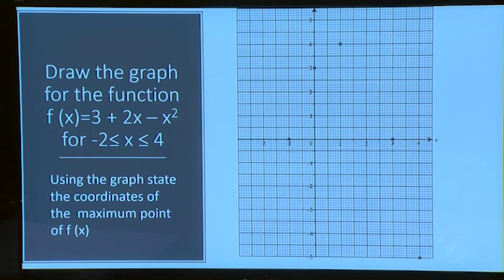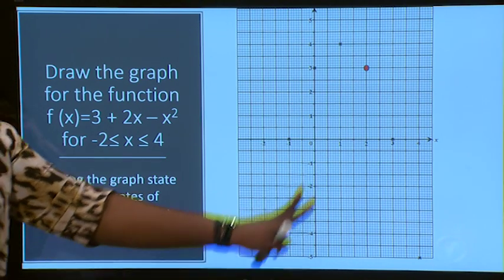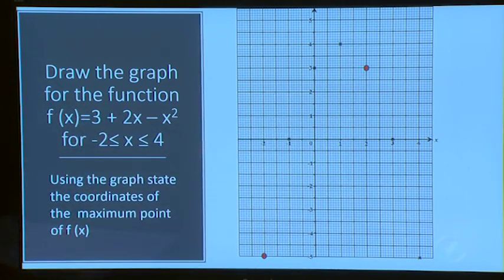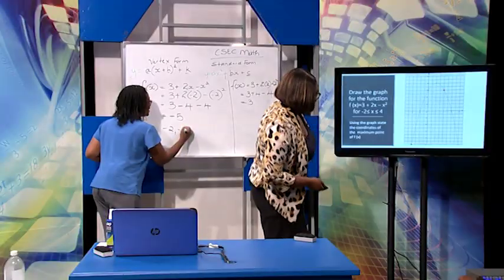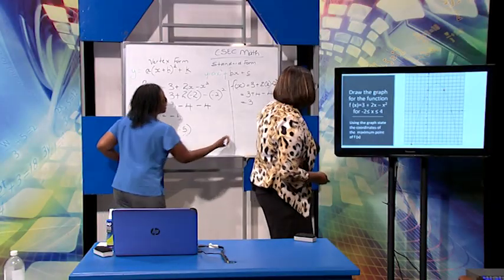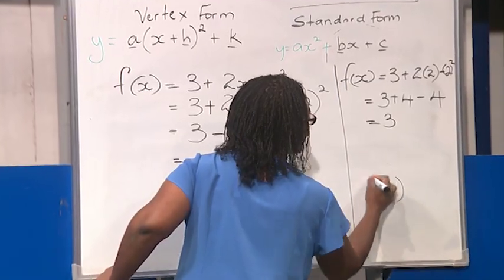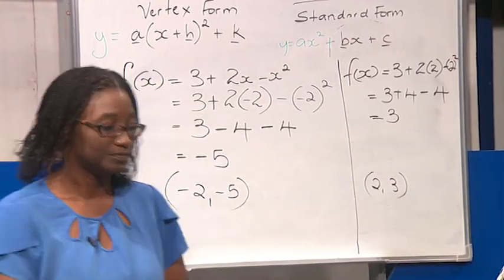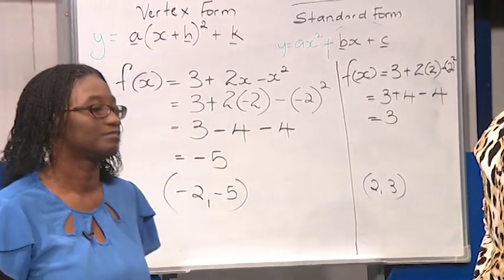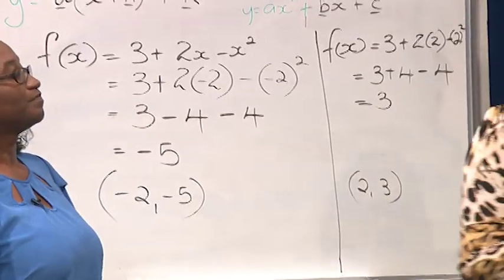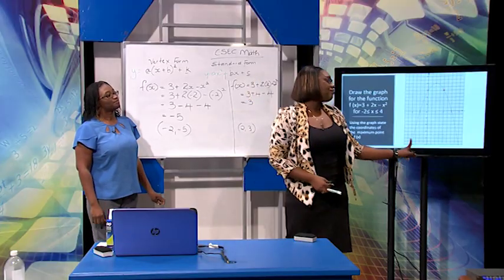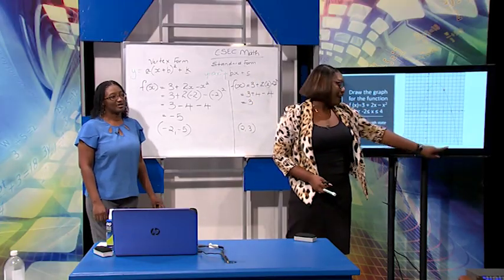So our 2 points are now in: negative 2, negative 5, and positive 2, 3. Positive 3, 3. So as was stated before, our graph is a very sad graph.